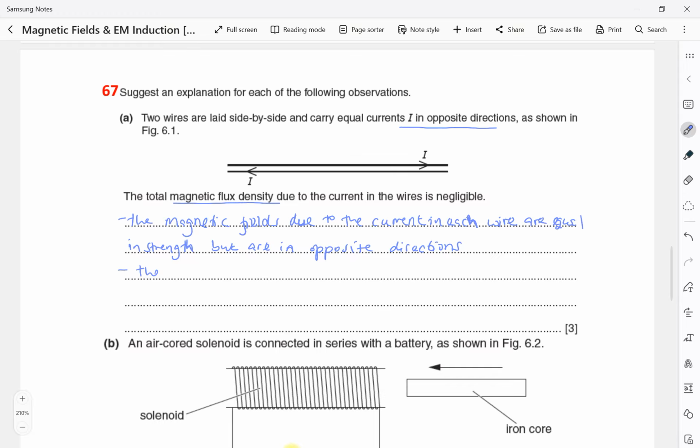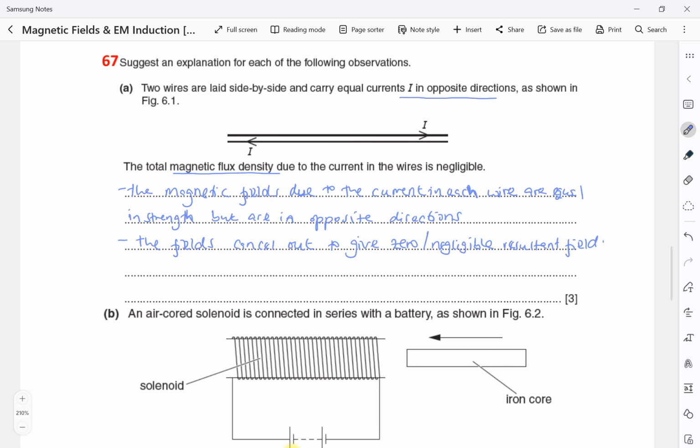The fields cancel out to give 0 or negligible resultant field.